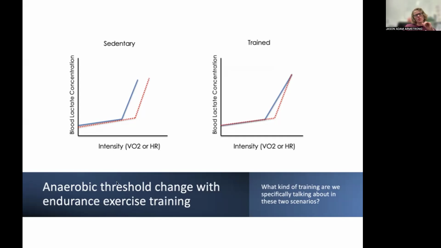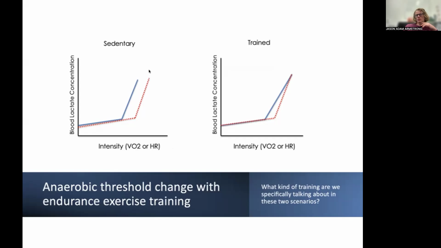Okay, so what this is representing: intensity on the x-axis, so VO2 or heart rate. What this is saying is that with training, represented by the red line, I would expect to see an improvement in my heart rate max or my VO2 max.